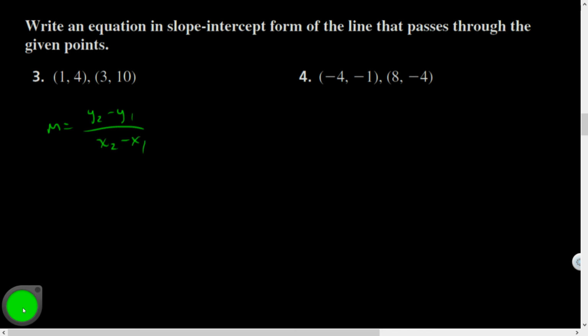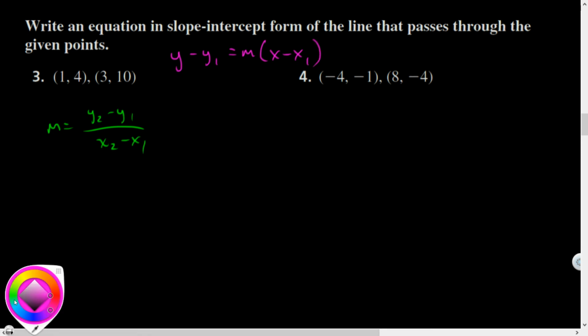So you're going to use that, and we'll use point slope form. It might be negative. I don't know. I'm just labeling stuff to get this going. All right, you guys keep working.